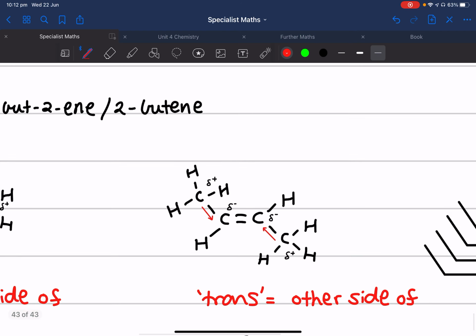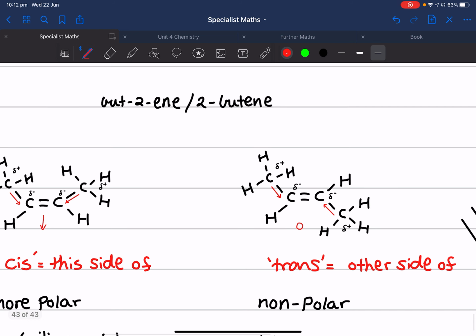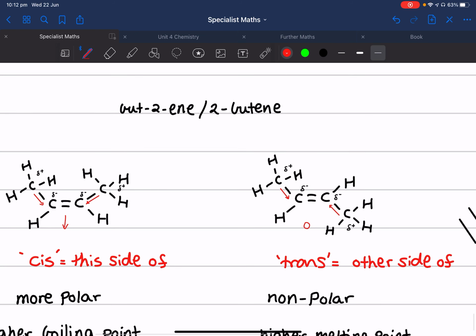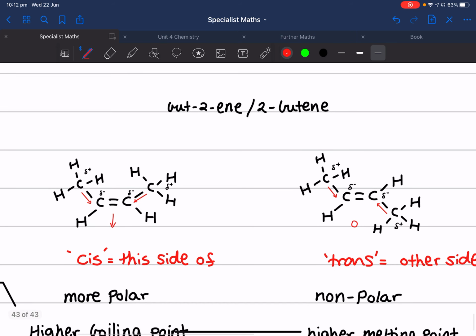However, for trans isomers, the dipole moments are in opposite directions to one another, and hence they cancel out, resulting in no net dipole moment. This results in the trans isomer being non-polar in the case of butene, and a bit more polar for the cis isomer.